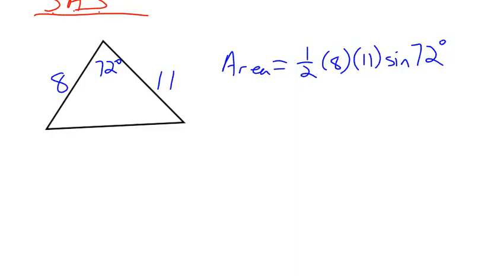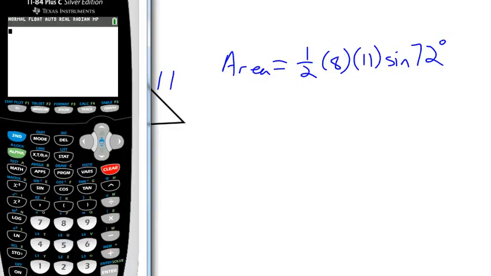Well, all I have to do is put that into my calculator now. All right, so I go 1/2 times 8 times 11 times the sine of 72 degrees.